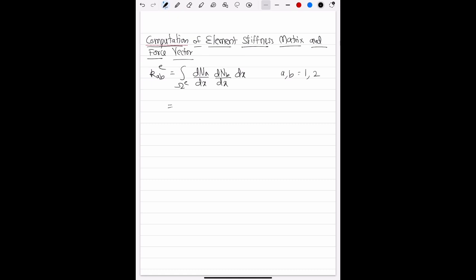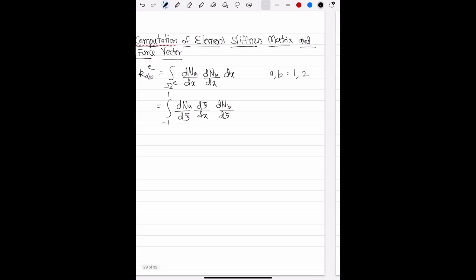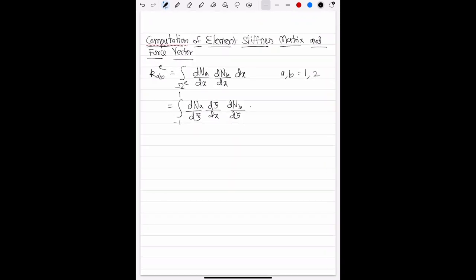So using the change of variable rule, this can be written as the integral from -1 to 1, because that's the domain in the local description, of dN_A/dpsi, the local variable, times dpsi/dx, times dN_B/dpsi, times dpsi/dx, times dx/dpsi, dpsi.